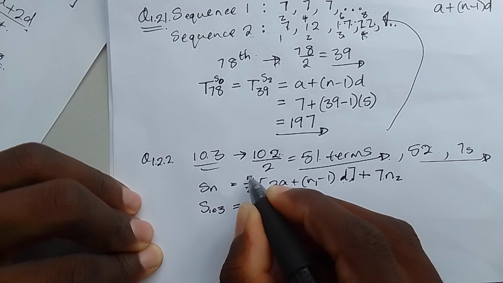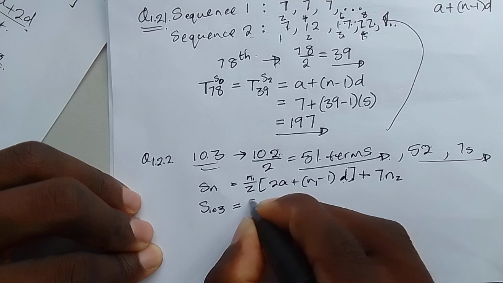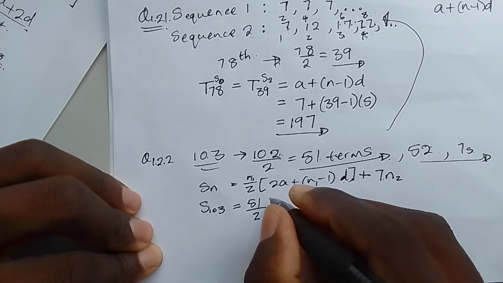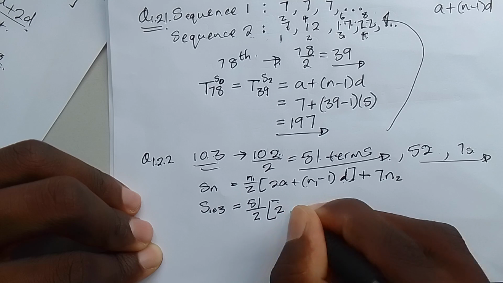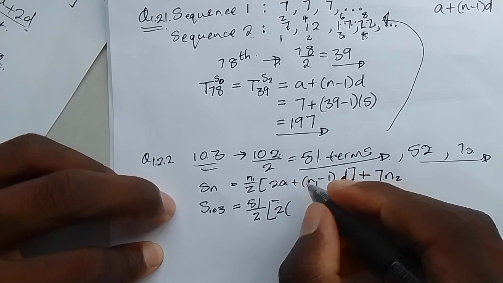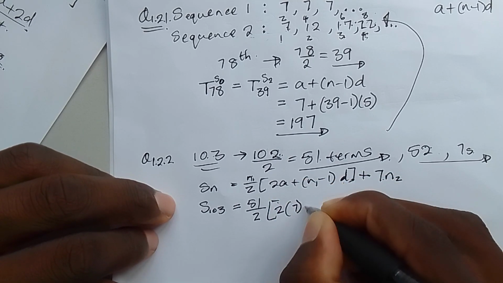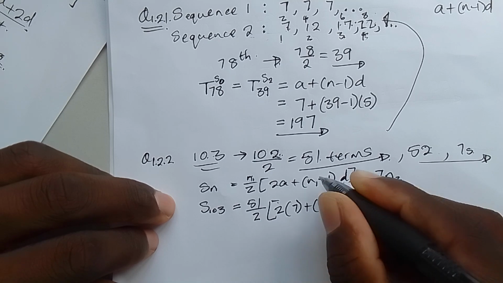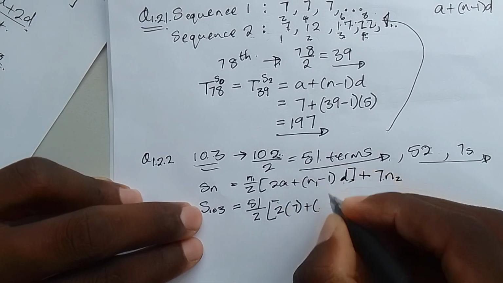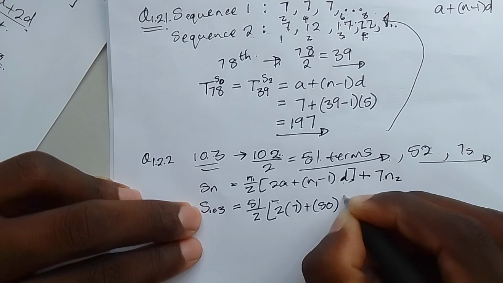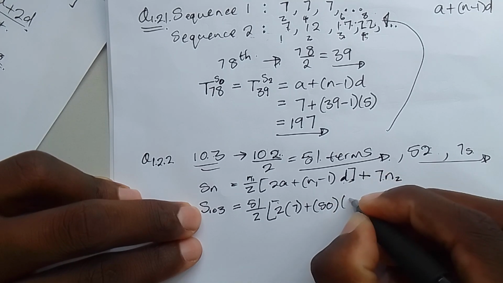We're going to add, the n1 is going to be 51 divided by 2 into, for the a, we have a 7, plus n minus 1. 51 minus 1 is 50. Then d, remember, is 5.